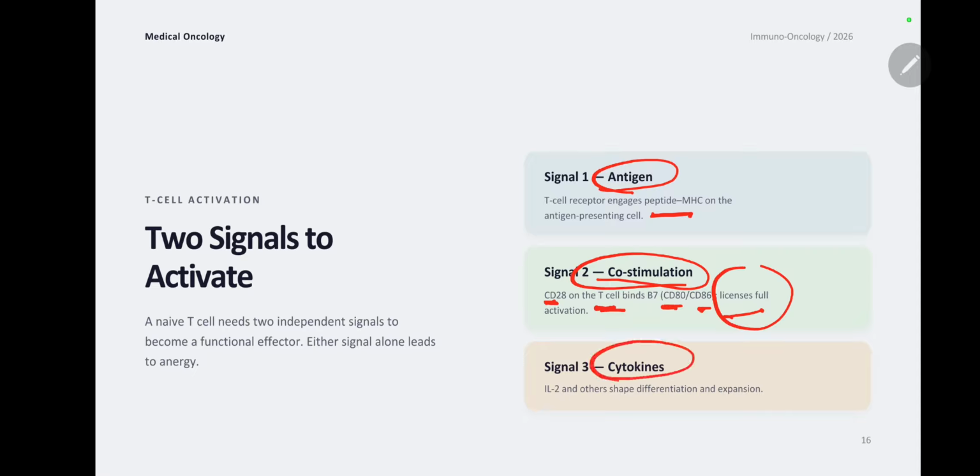And third are some cytokines like interleukin 2 and others, which help to make the microenvironment good. Don't confuse cytokines like tumor growth factor beta, which create a negative microenvironment, with cytokines like interleukin 2 and interferon alpha, which make a good environment for tumor killing.